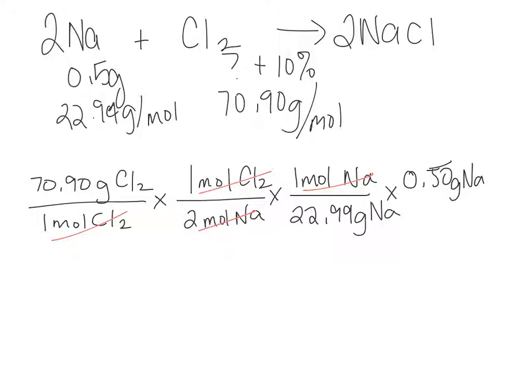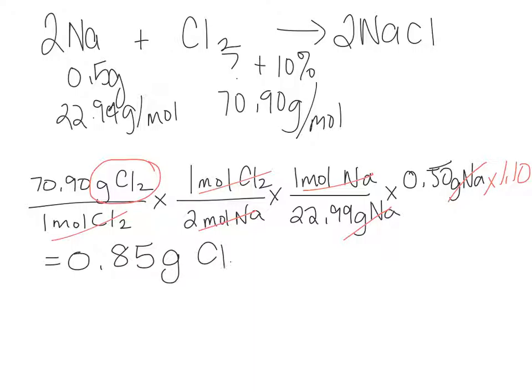Normally, this would be where we stop because we now have the units that we want, and only those, but I need excess 10%, so I'm going to multiply it by 1.10 at the end. And you should get 0.85 grams of Cl2.